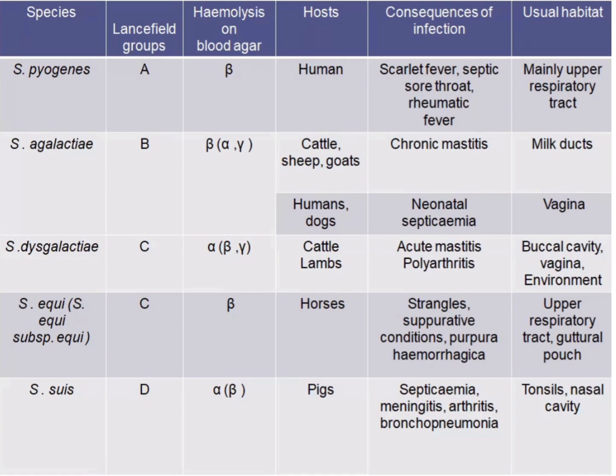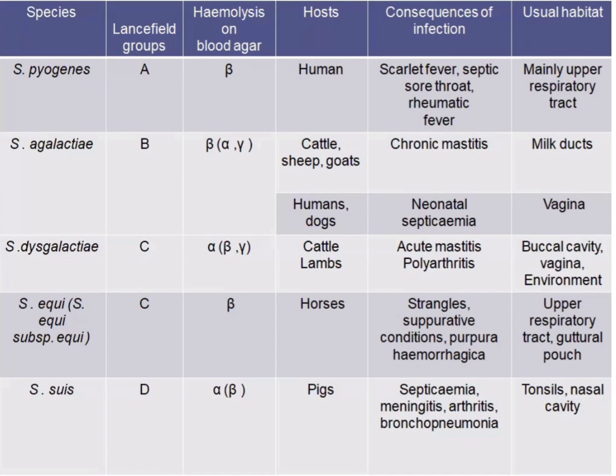So first species of the streptococcus, that is Streptococcus pyogenes. Streptococcus pyogenes is classified in group A. On the blood agar, they produce beta hemolysis, that means they produce complete hemolysis around their colonies.